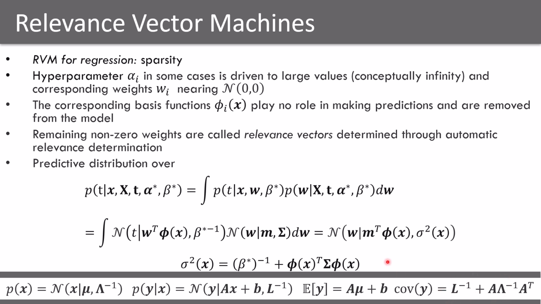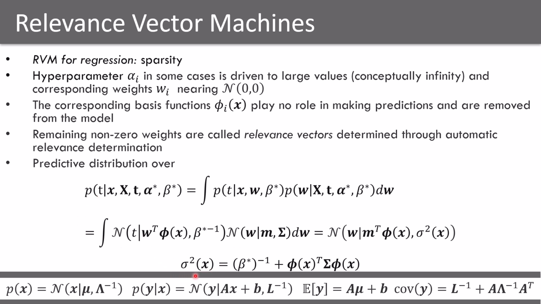inverse, the beta inverse, and then we have the plus. We are actually having a single variate normal distribution out of this, because this is a single variate outcome.